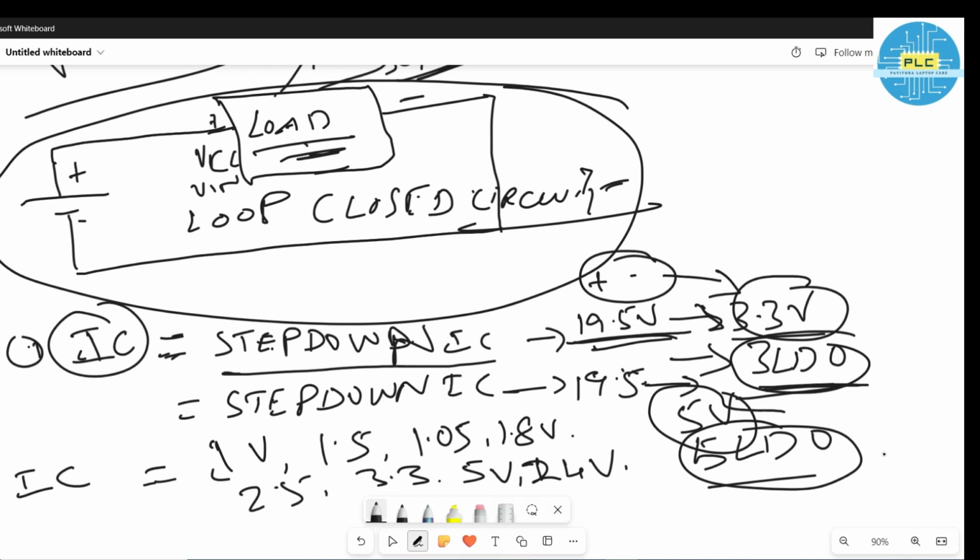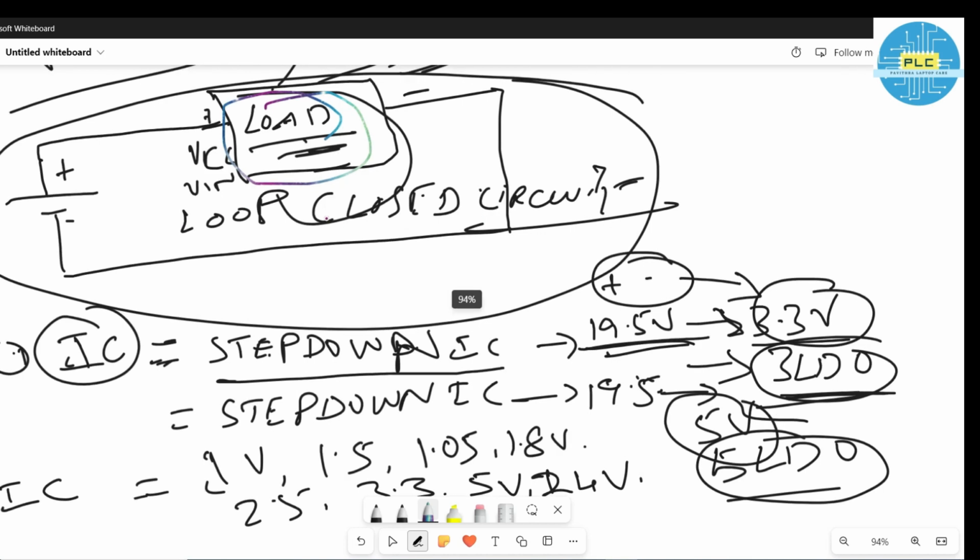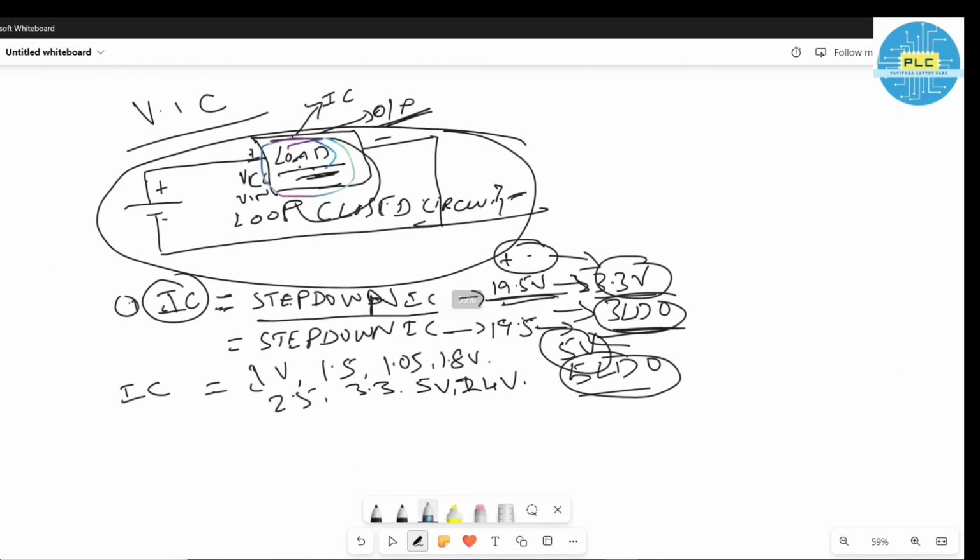Understood? Just once again: if we consider this as a load, for a closed circuit we have to give the positive and negative terminal, then only we call it a closed circuit. If it is an IC, then the IC load will give some outputs. What are those? 3.3 volts, 1.5 volts, 1.05 volts, 1.8 volts, 2.5 volts, 3.3, 5 to 24 volts, anything.